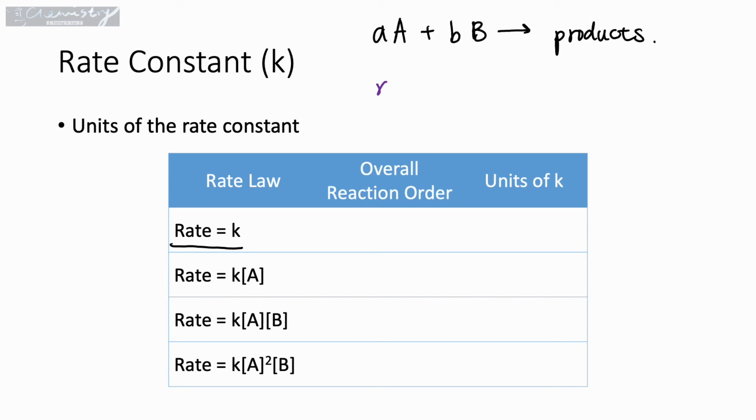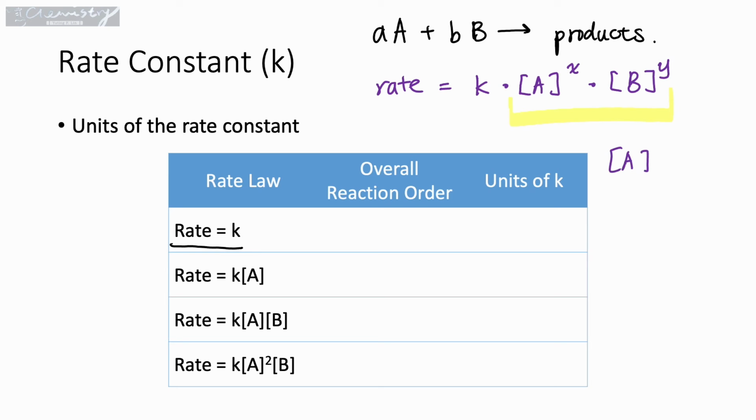Our rate law will be rate equals k times the concentration of A to the x times the concentration of B to the y. So if at the end of the day our rate is just equal to k, that means that these two multiply with each other to become 1, and that means that x and y are both 0.